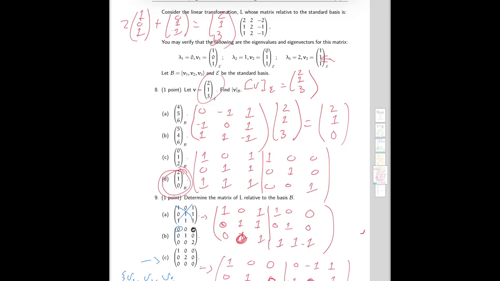That means this needs to be the eigenvalue corresponding to v1, this one to v2, and this one to v3. Or more generically, this is the eigenvalue corresponding to the first vector in the basis, that's the second, and that's the third. And so answer choice B is the correct answer choice for this problem.